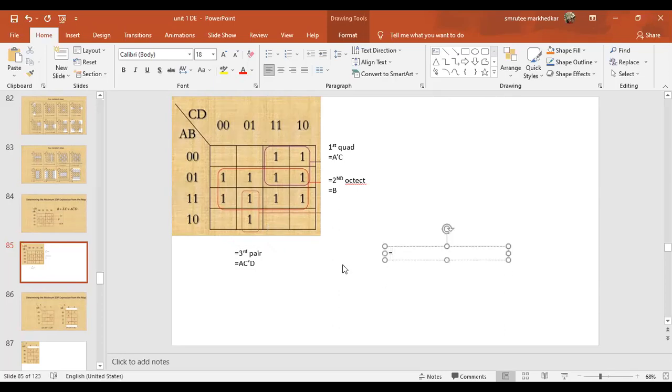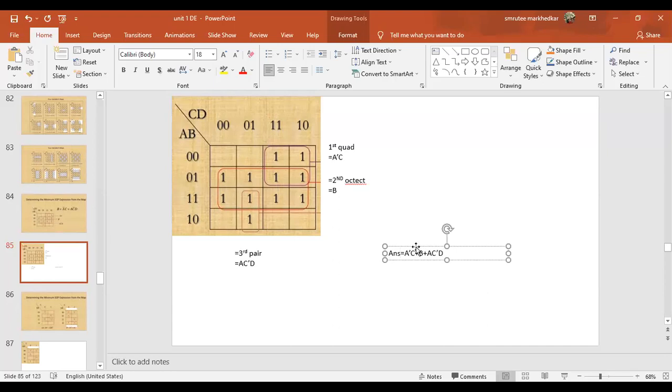You can start with either term, it doesn't make a difference. I'm starting with the quad. So I'm writing A bar C plus B for the octet, and for the pair A, C bar, D. So this is your final answer. You can see that without doing any Boolean expression, we have solved this question directly.